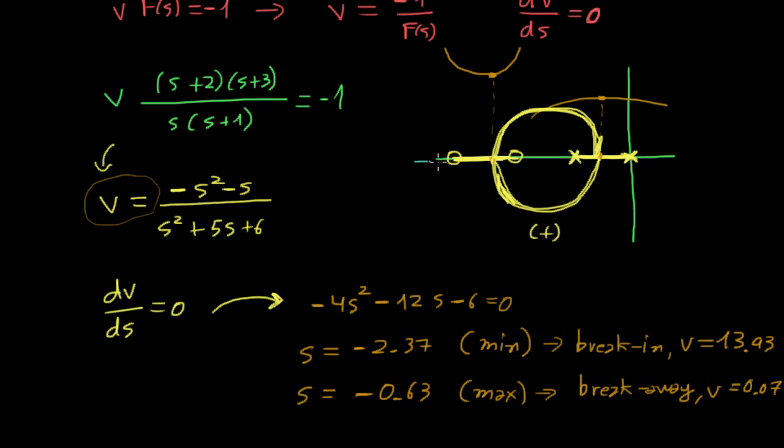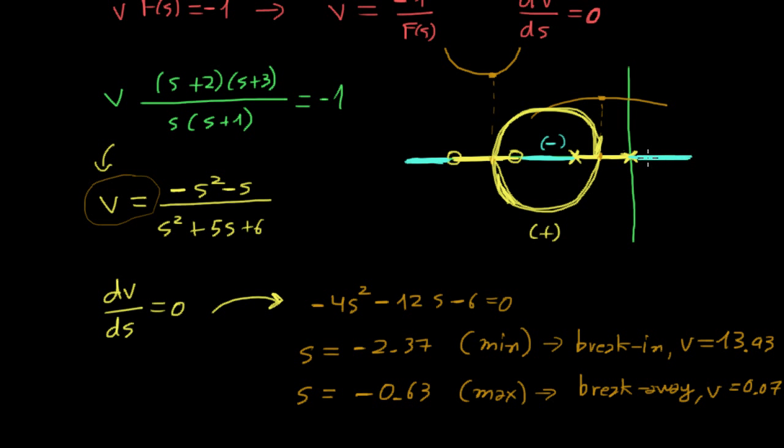The negative root locus in this case is very simple. These parts of the real axis belong to the negative root locus. Although this is a pretty interesting example, because we have one branch of the negative root locus between this pole and this 0, and also it seems like we have two other branches, but actually that is not the case.